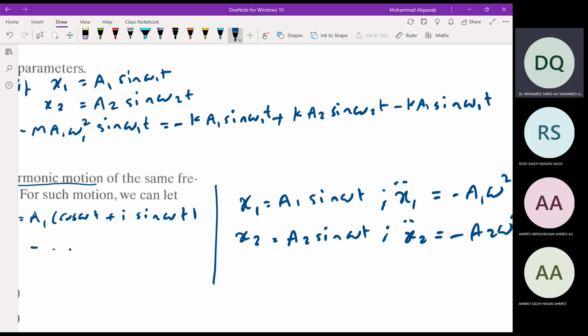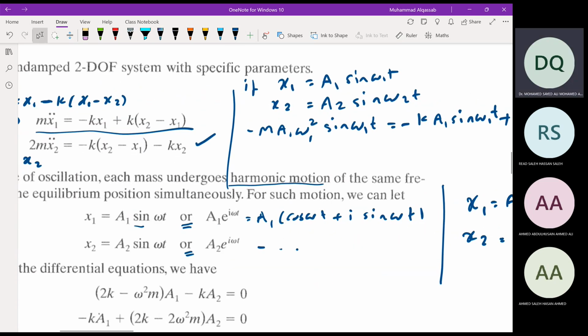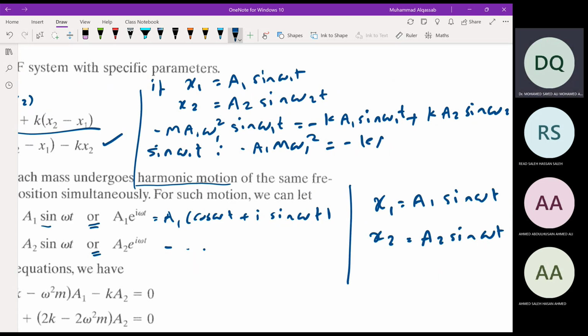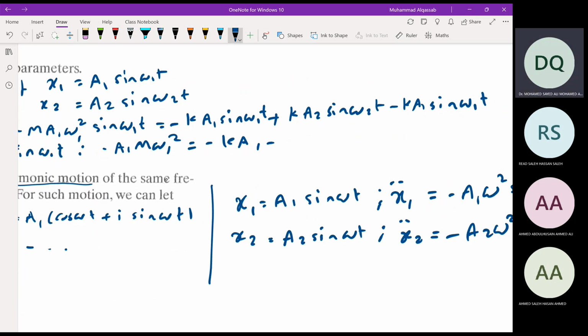I just expanded the bracket. Now you collect similar terms, the sine omega 1 t terms, which are minus A1 m omega 1 squared equal to minus k A1 minus k A1.